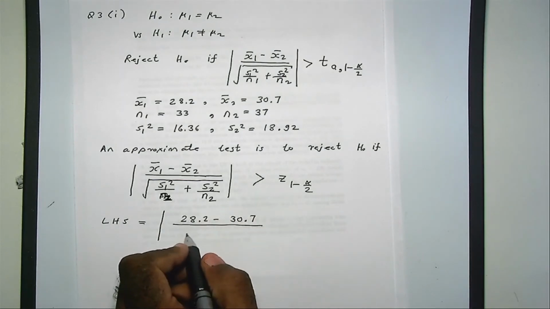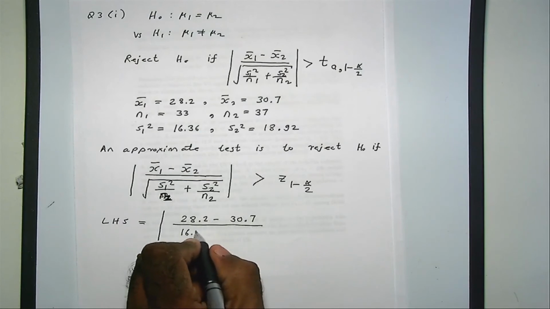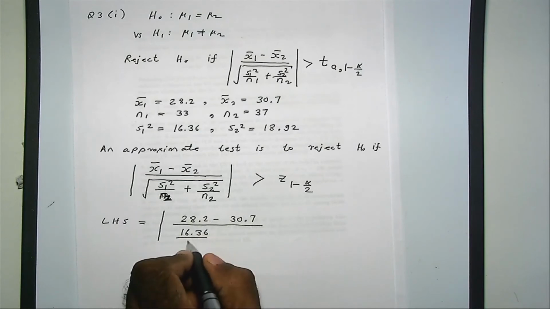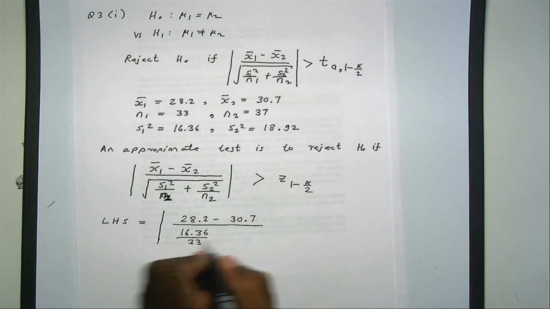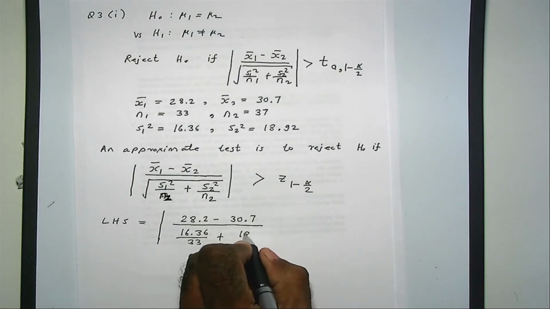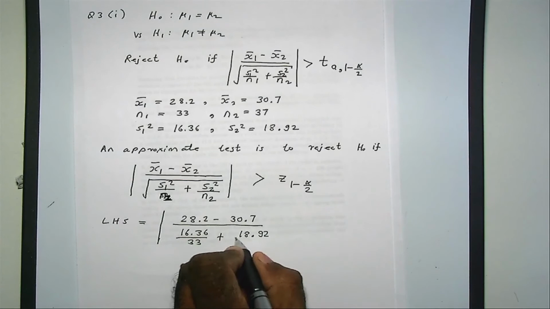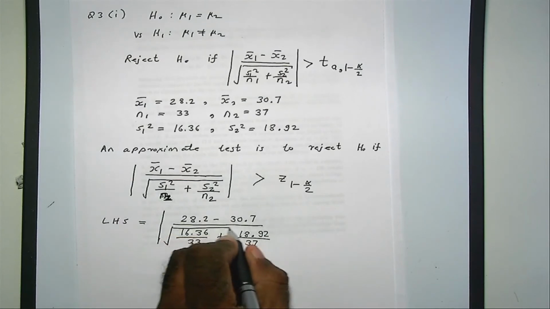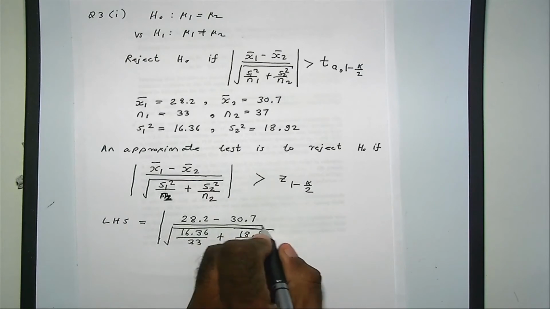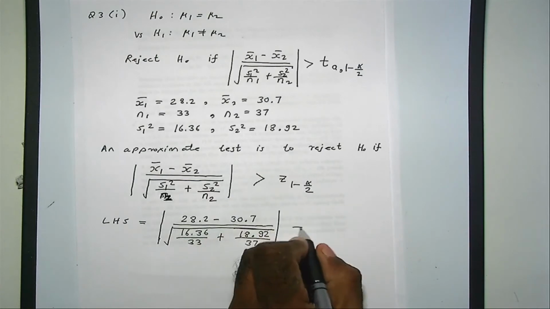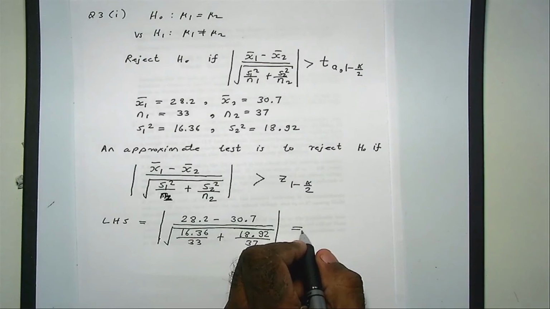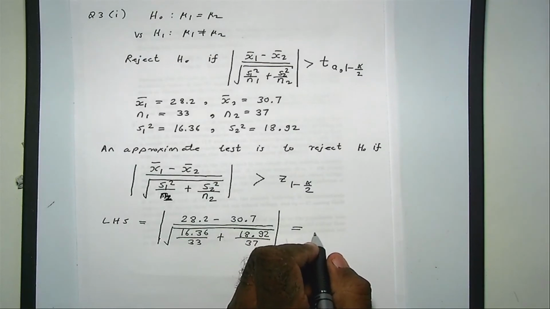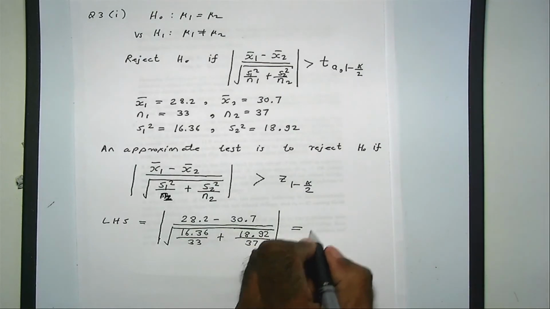S1 squared is 16.36. Okay, now if you work this out, you will get this to be equal to 2.49.